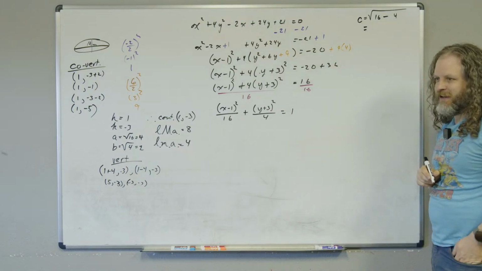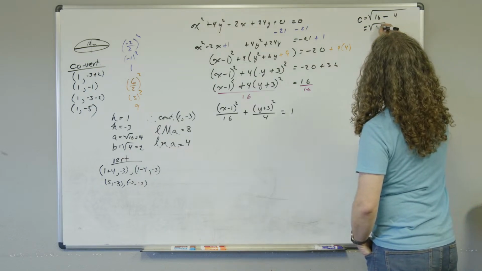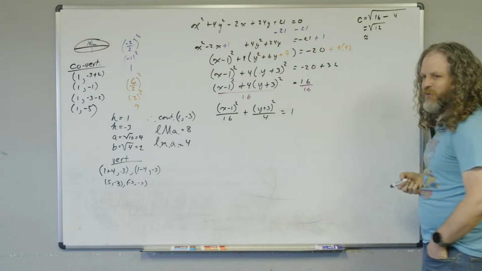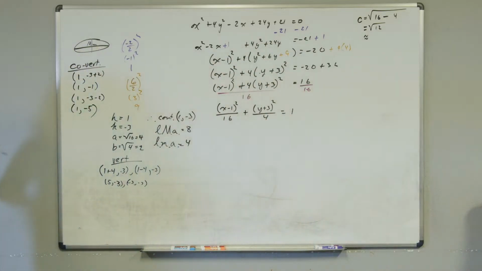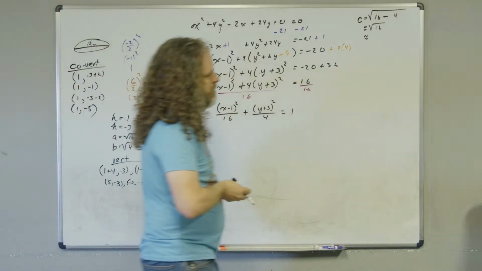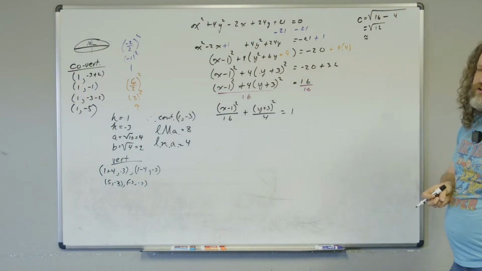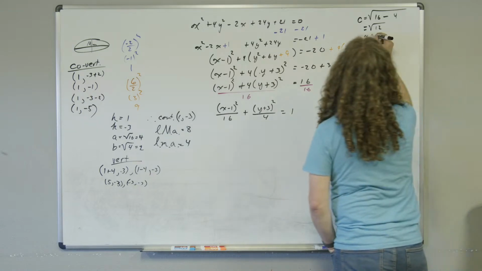What's 16 minus 4? That's 12. So the square root of 12. It is 2 square root of 3, but it is approximately equal to 3.5.